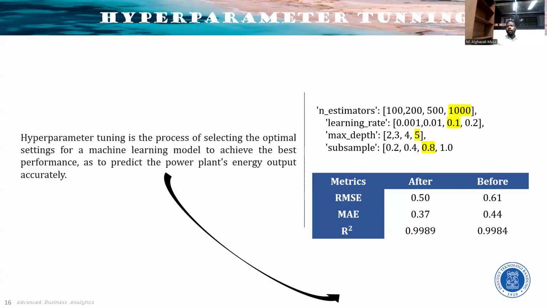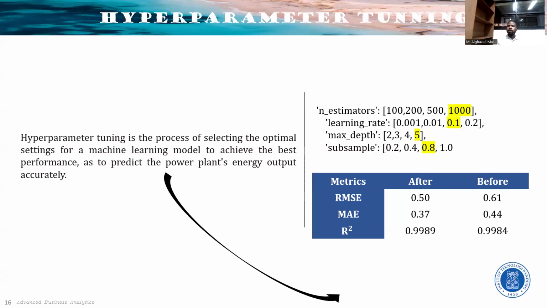Overall, we chose four values for each: estimators, learning rate, maximum depth, and subsample. Those values are the optimized values. We use Python for doing those tasks.